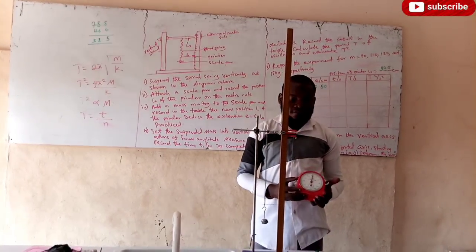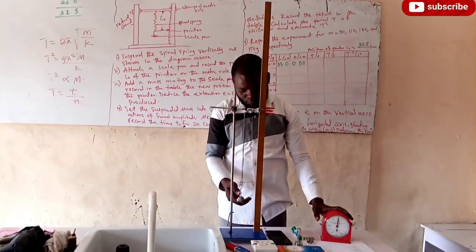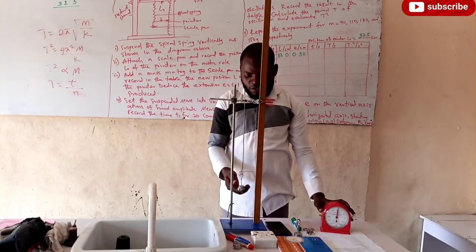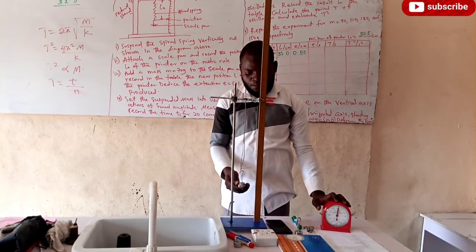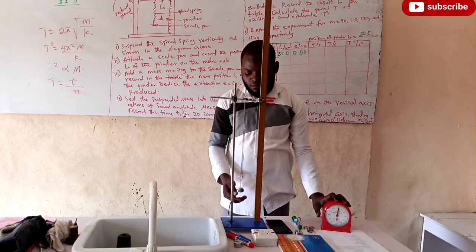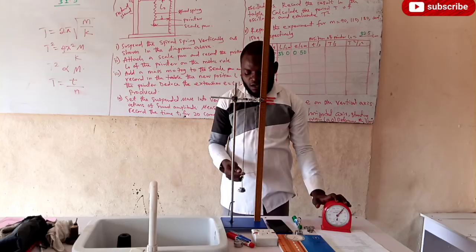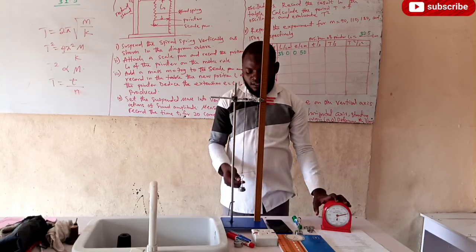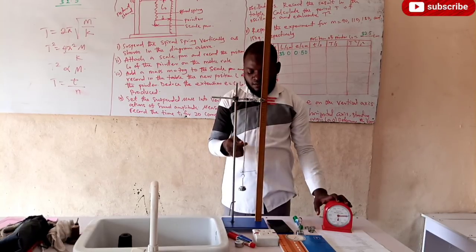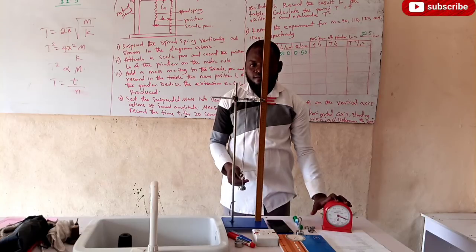Just look at what I'm going to do now. Please, I'll restart my stopwatch now. And watch. I'm going to set it into a very small amplitude now. 1, 2, 3. 1, 2, 3, 4, 5, 6, 7, 8, 9, 10, 11, 12, 13, 14, 15, 16, 17, 18, 19, 20.